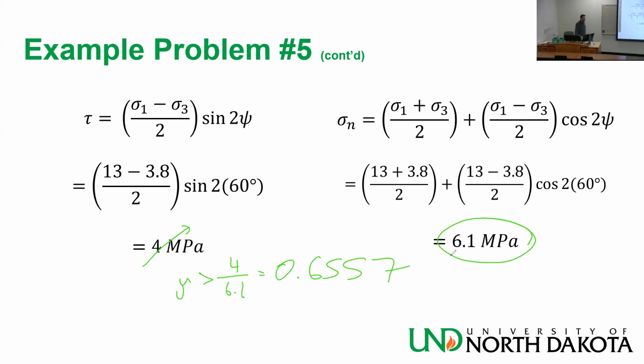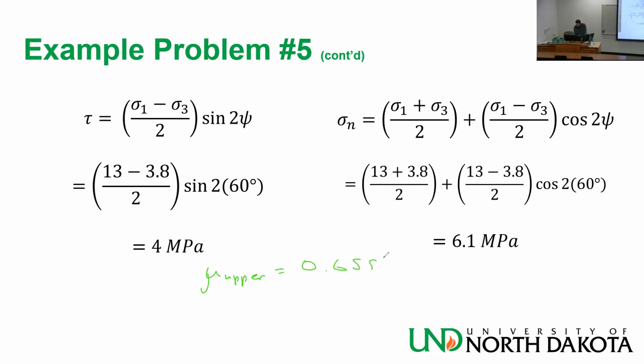So basically, if my mu is above this value, this 0.6557, basically mu upper is 0.6557. That means if I'm 0.6, I'm good. If I'm 0.65, I'm good. If I'm 0.6556, I'm still good. Above that, I have a problem.